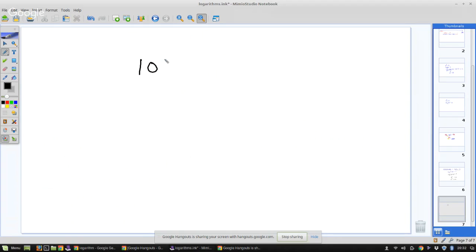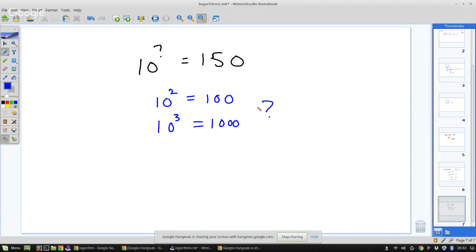So for example, 10 to what power is equal to 150? Well, let's see. I know 10 squared is 100, and 10 cubed is 1,000. So that power has to be some number that's greater than 2, but less than 3. Probably closer to 2, right?